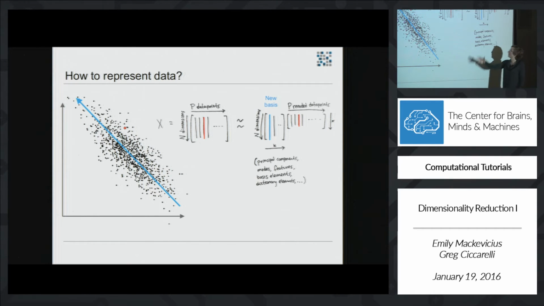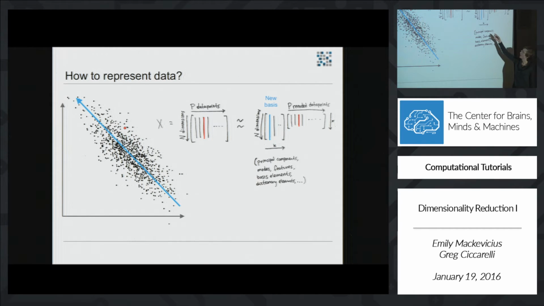This is a framework that is common to a lot of machine learning techniques, including PCA, but also many techniques where these might be different features about your data, different clusters, different basis elements or dictionary elements.